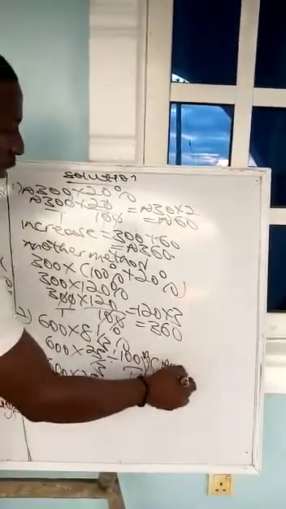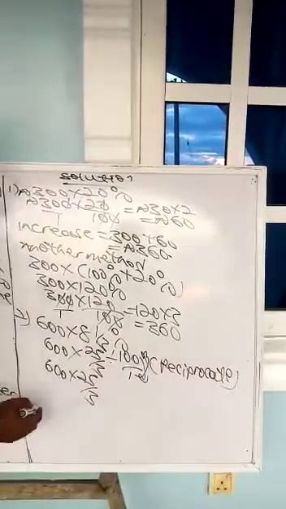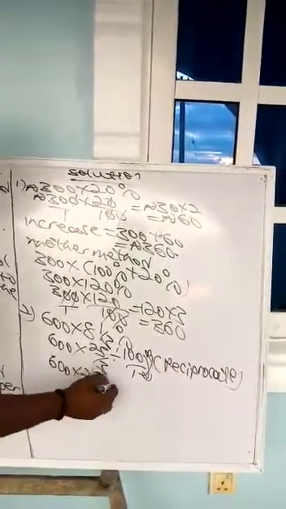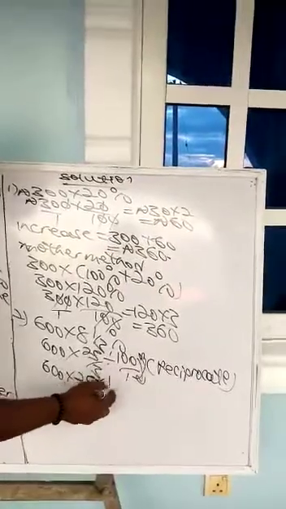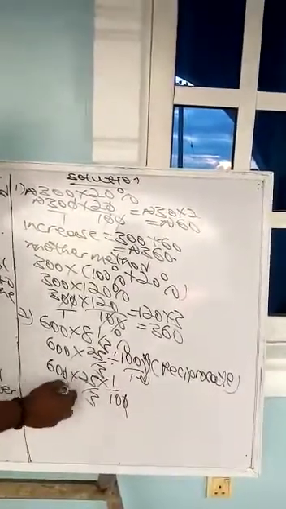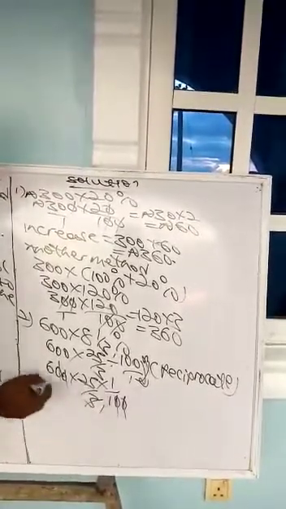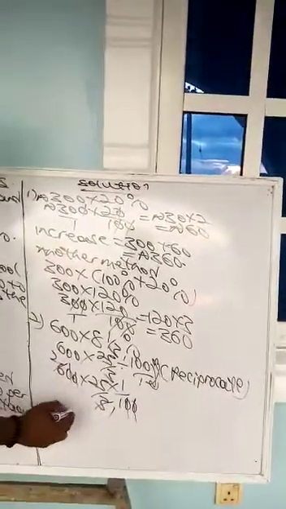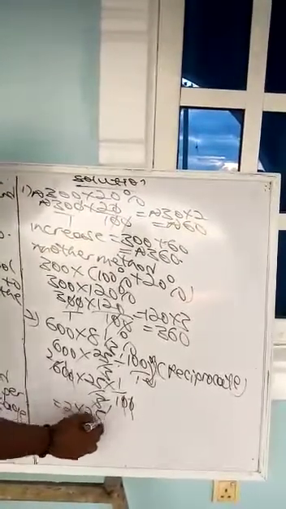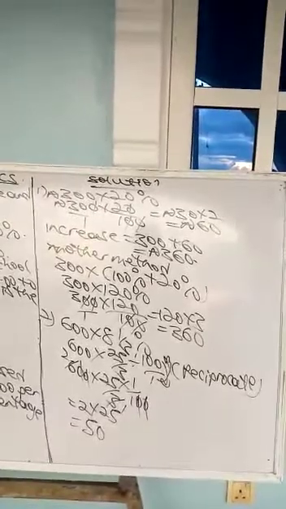If we reciprocate, 1 will be going up, 100 down. We can cancel out 0 and 0, and 0 and 0. The 3 here will be 1, the 3 here will be 2. We are going to have 2 times 25, and that is going to give us 50.